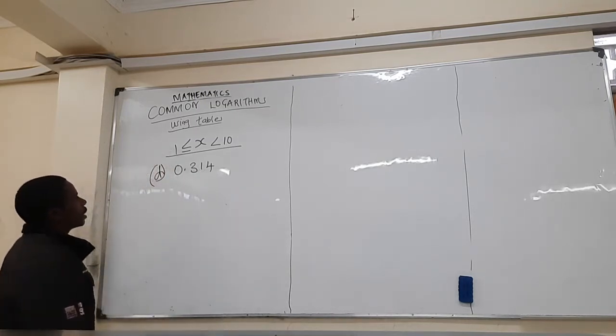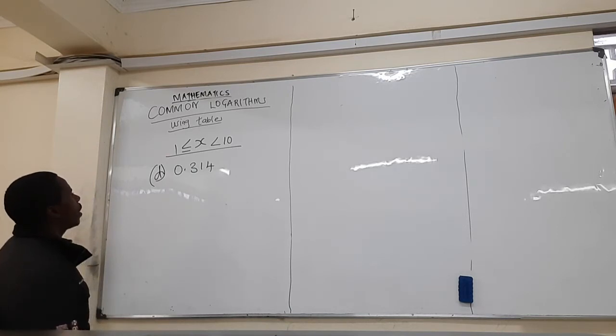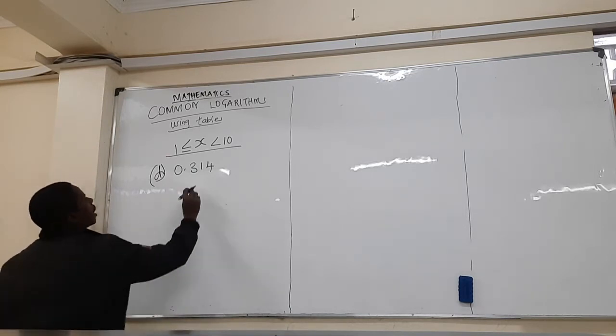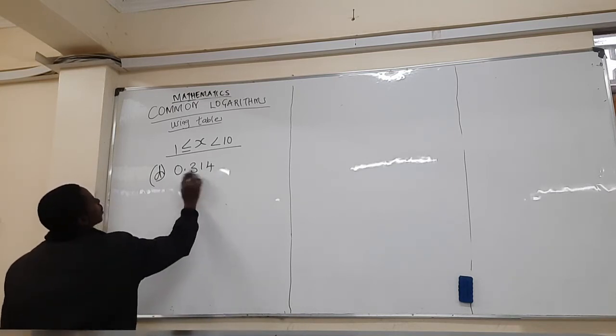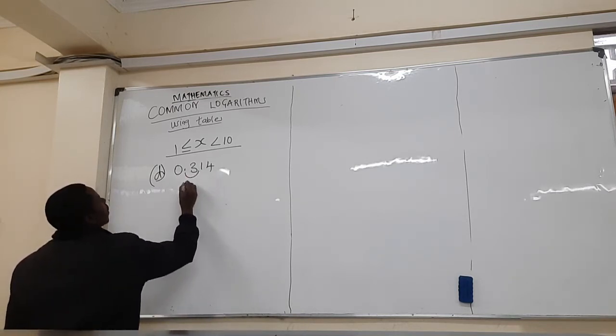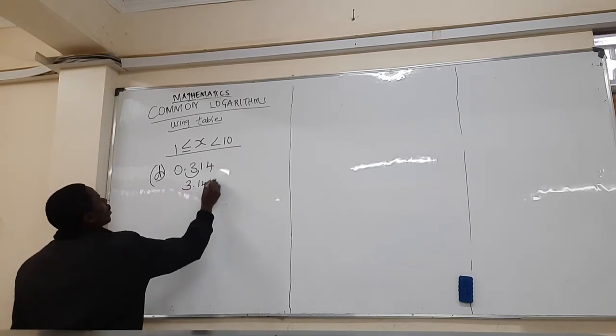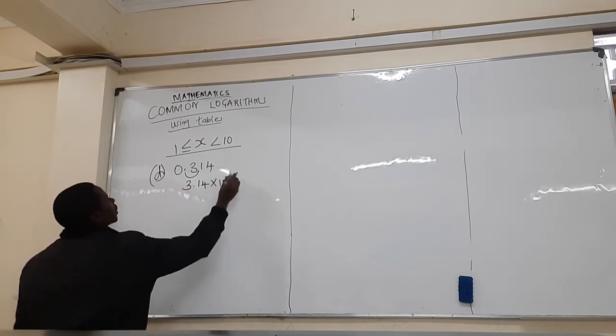So how do we go about it? In the same case here, we are going to write this number in standard form. So 0.314 is going to be 3.14 times 10 power negative 1.